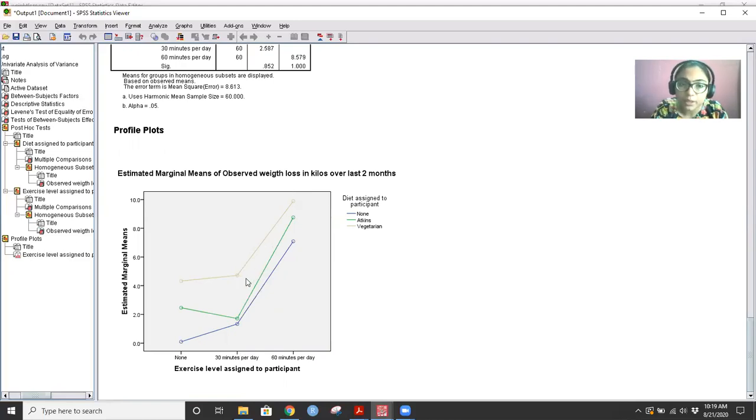So mean weight loss has risen after 30 minutes per day exercise in each of the diet formats. And I see that the vegetarian diet leads the way. So I think it's time to turn vegetarian. The vegetarian diet is ahead of both the other diet forms, and the higher weight loss is observed among the people doing the vegetarian diet.